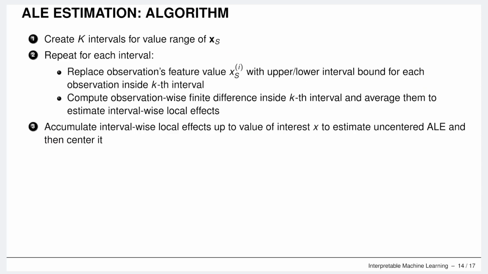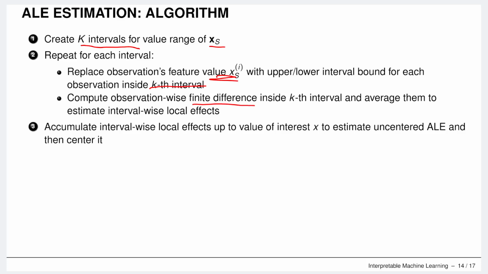Here a summary of the algorithm. We first create k intervals across the whole feature space of the considered feature of interest. And for each interval, we repeat the following two steps. We replace the feature value with the upper and lower interval bound for all observations inside the kth interval. For each observation, we then compute the finite difference inside its corresponding interval.